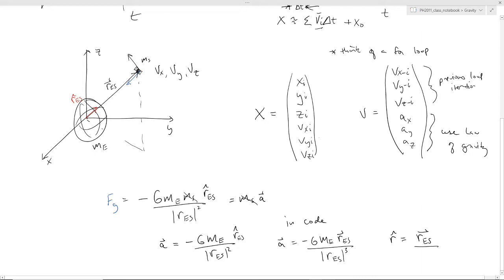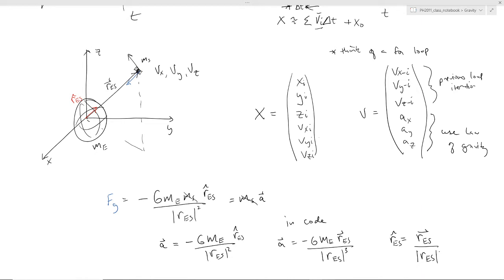So the unit vector points in the direction from Earth to the satellite. But if you divide a vector by its length, this thing will have a length of 1. I think one thing that can be difficult for us to understand is, what exactly is a unit vector?